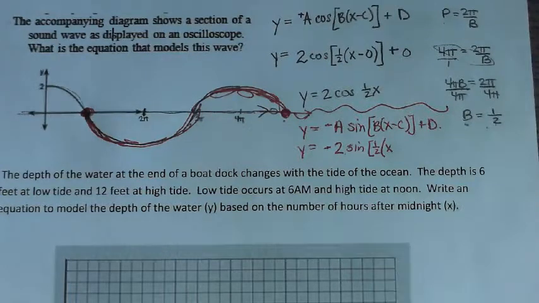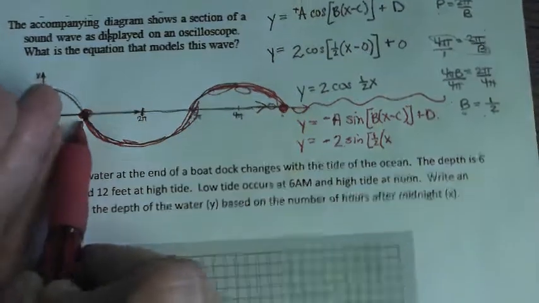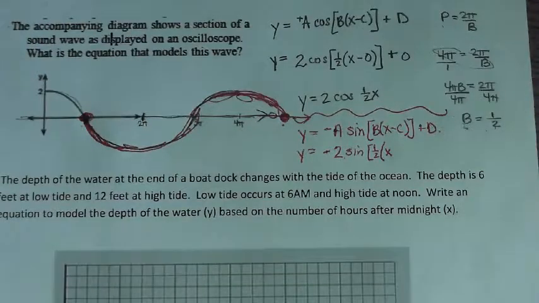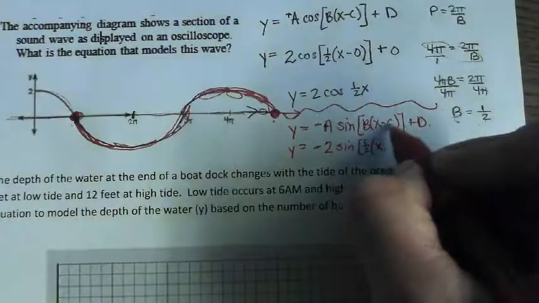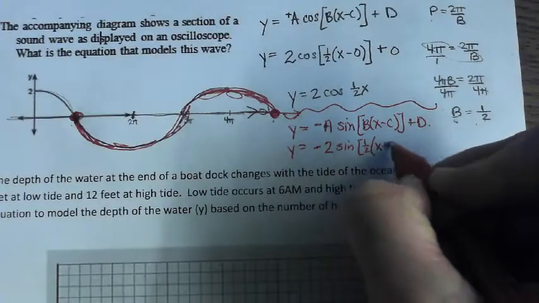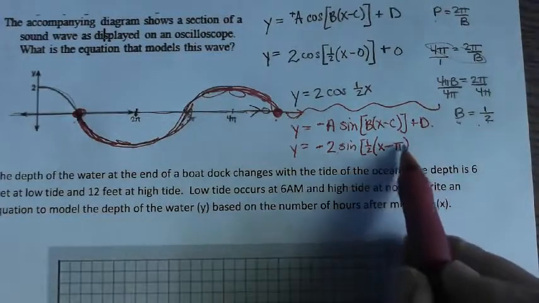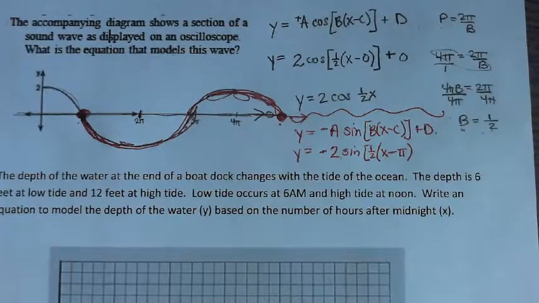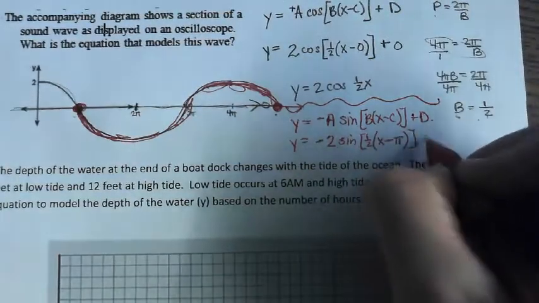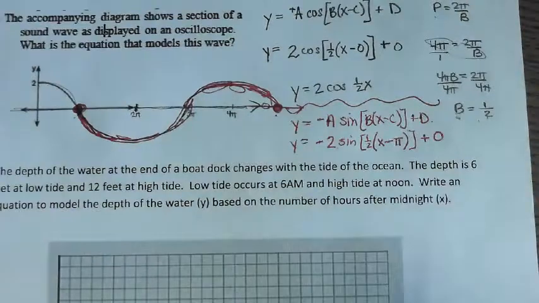The cycle is not starting on the y-axis. This has been shifted pi units to the right. Do you buy that? So this shift here would be x minus pi because it's shifted pi units to the right. And my midline is still plus 0.